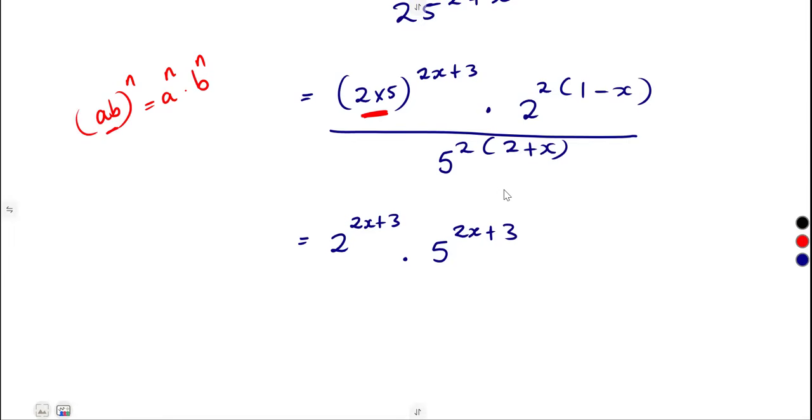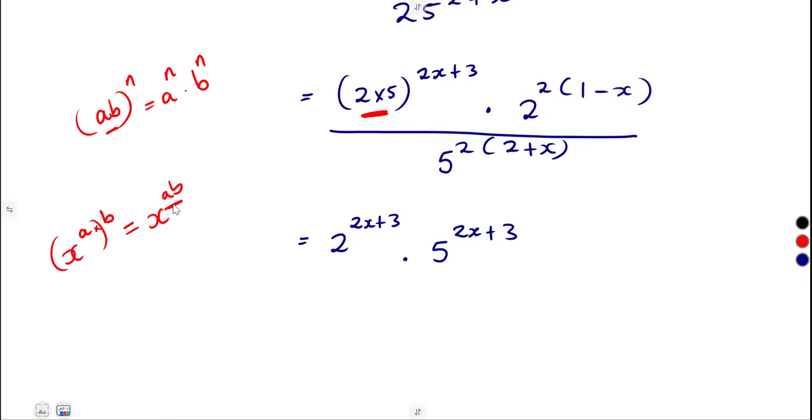We have used a law. What is happening here? There is an exponent to another exponent. Is there a law which tells us that x to the exponent of a can be raised to another exponent b? Yes. What do we do? We multiply the exponents, x to the exponent of ab.